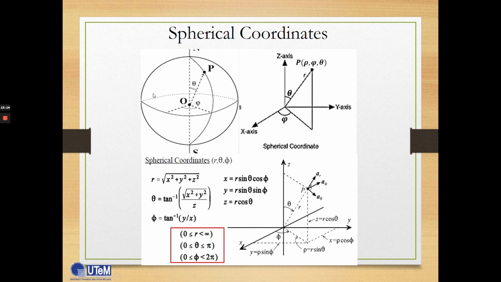So we declare r first, and then in what plane we will rotate, so theta, and then we will rotate into phi. Or we can first declare r, and then find which plane this r is in, and then we rotate into theta. So there are two different angles here.